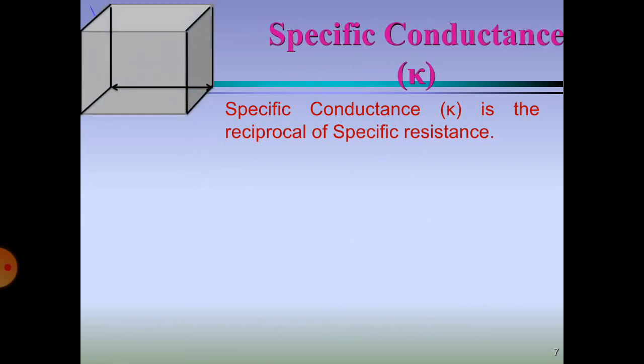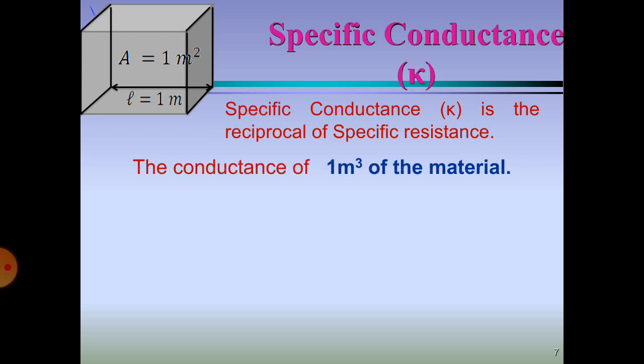Let us imagine two electrodes kept at a distance of 1 meter length and the area of cross section 1 meter square. If we fill the electrolyte in between these two electrodes, then the conductance we measure will be called the specific conductance. That means the conductance of 1 meter cube of the material taken in between the two electrodes is nothing but its specific conductance.